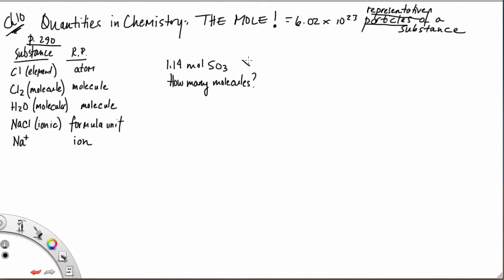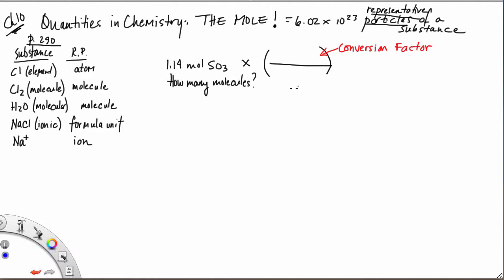In order to figure this out, I use a conversion factor. A conversion factor is a fraction, and we often put it inside parentheses. I'm going to label this conversion factor to make that very clear. You're going to be using a lot of them in the next couple of chapters.